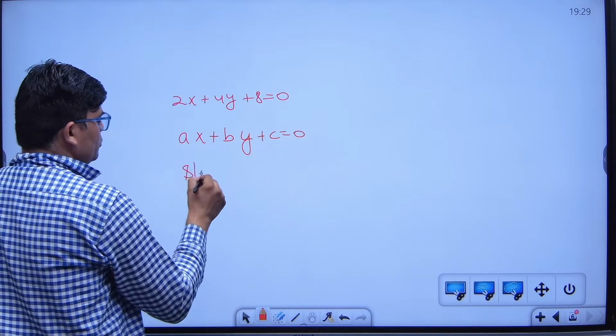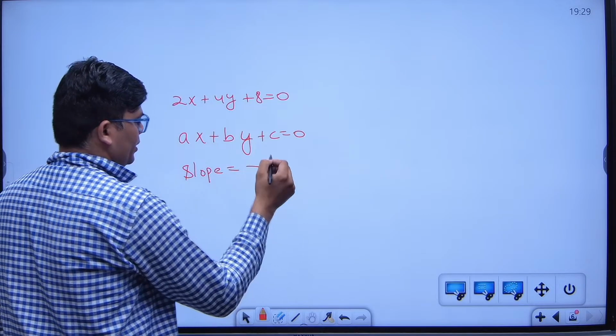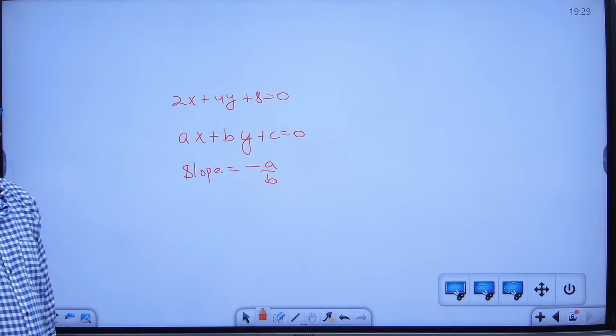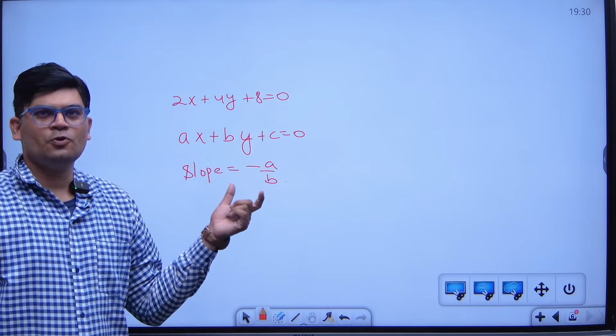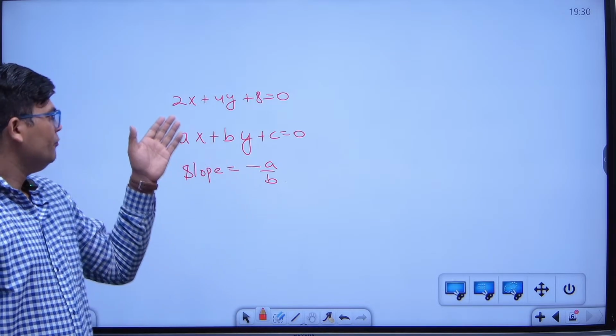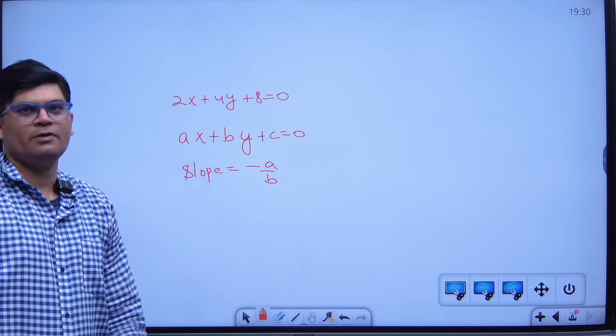The slope is always going to be minus a upon b. Check this out. The slope is always going to be minus a upon b, which you will get as minus 2 upon 4, which is minus 1 by 2.